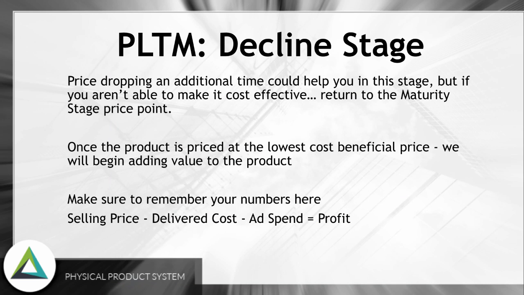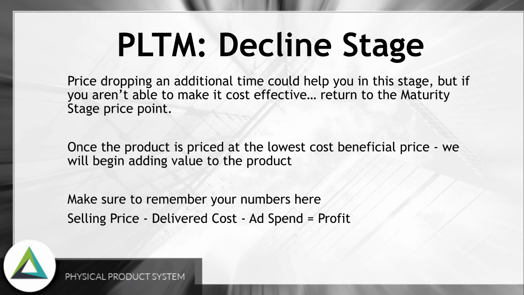So price dropping an additional time could help you save some money in this stage, right? You could price drop an additional time, boost out a little bit of revenue and a little bit of profit other than what you were getting. And another important thing, have it available for a longer period of time. It's not just about being slightly more profitable.